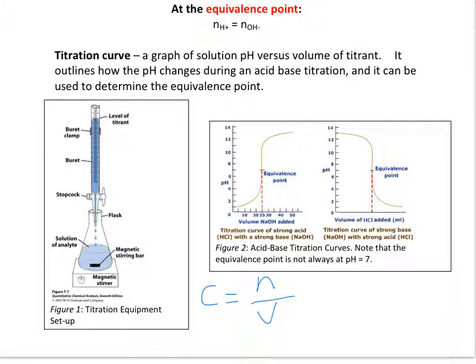Some of the ideas that we learned here, we will be able to apply practically when we do titrations in class and get some practice with that. We will also be able to apply them in the calculations when we get problems or when we collect data that will allow us to calculate the unknown concentration of a solution.